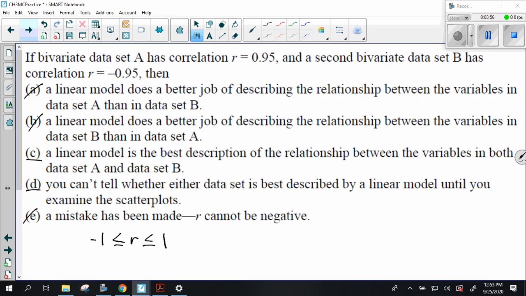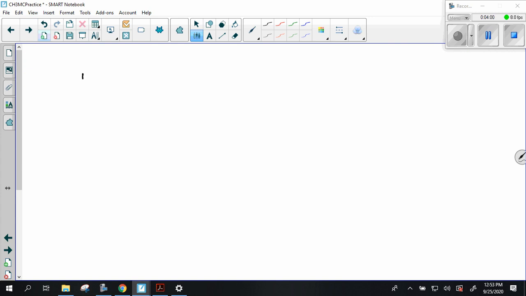So let's look at what something like that would look like. That's the way I do things. I like to make a real example. Is there a real example of something that is nonlinear but has a really high correlation? I think that might.